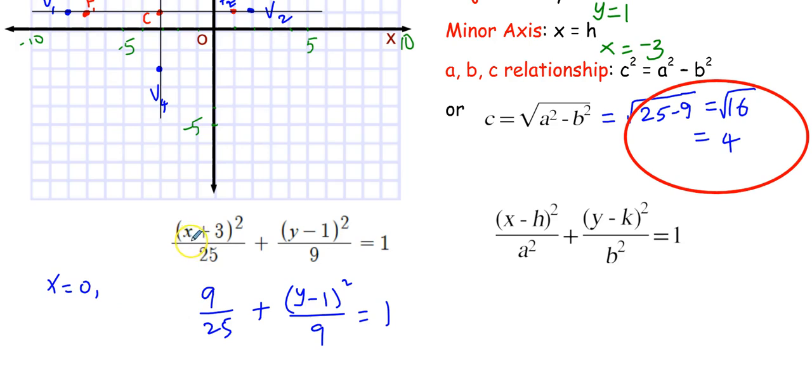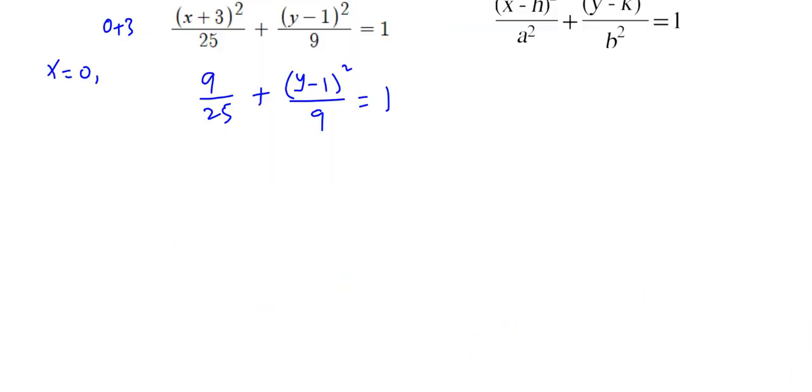So what happened here? 0 plus 3 is 3, 3 square is 9, 9 over 25 plus (y minus 1) whole square over 9. Now I have to solve it for y. What is the value of y I have to get? For that I have to subtract 9 over 25 on both sides.